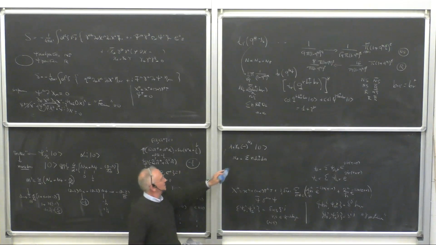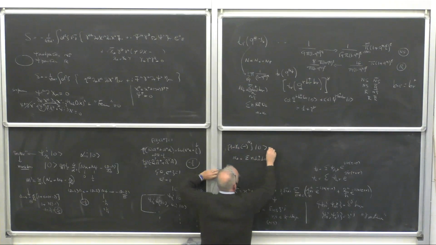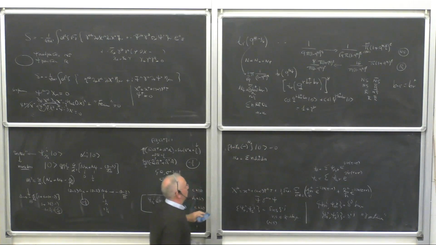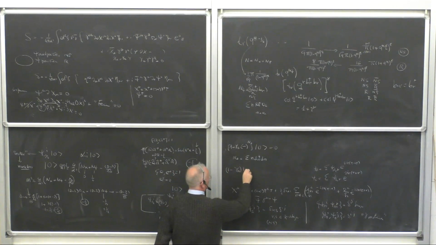So you start from the vacuum, so you impose this condition. So the vacuum, you project it with gamma 11. So the vacuum satisfies 1 minus gamma 11 on the vacuum equals 0.